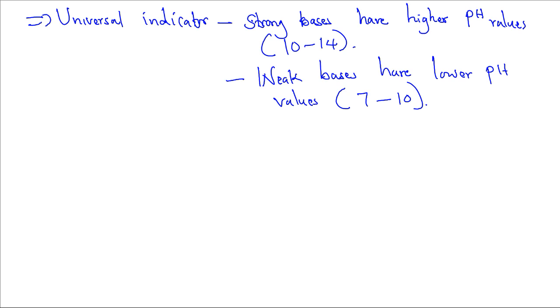So if we consider the examples we have mentioned, ammonia and sodium hydroxide, then sodium hydroxide has a higher pH value, and ammonia solution has a lower pH value because it has fewer hydroxide ions compared to sodium hydroxide solution.